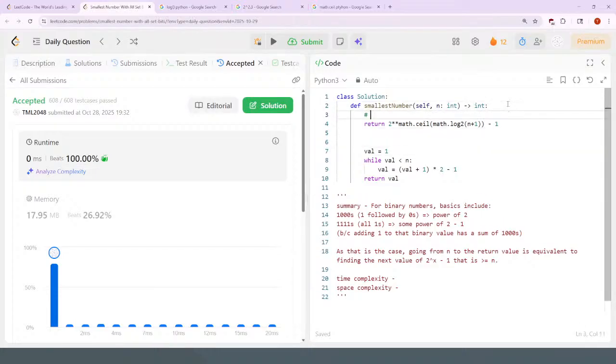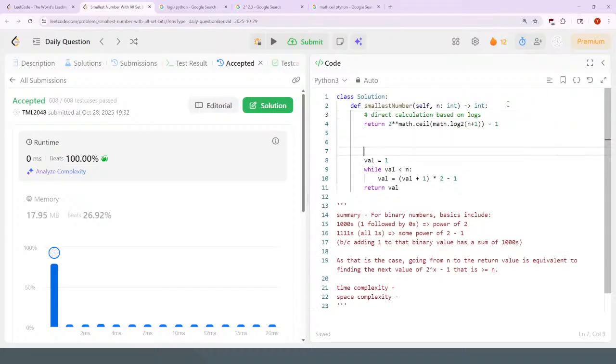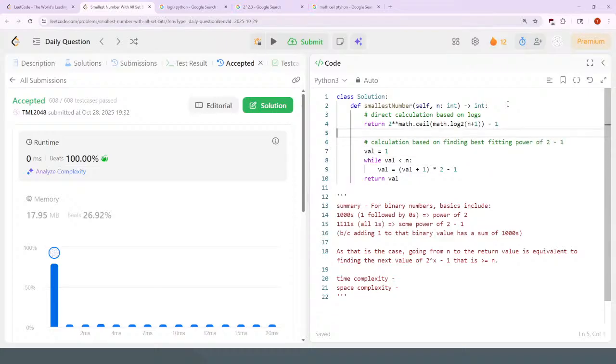This is the direct calculation based on log, and this is a calculation based on finding the best fitting power of 2 minus 1.